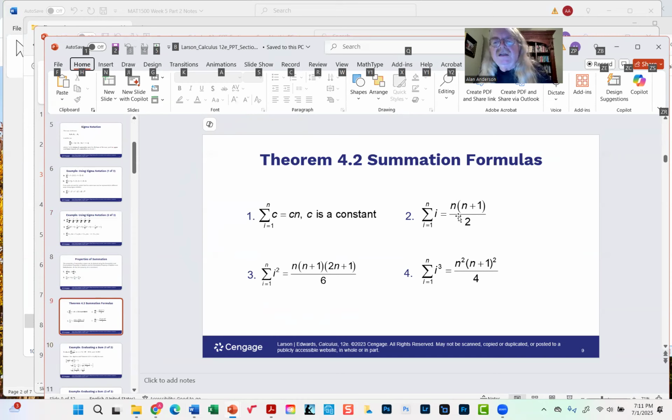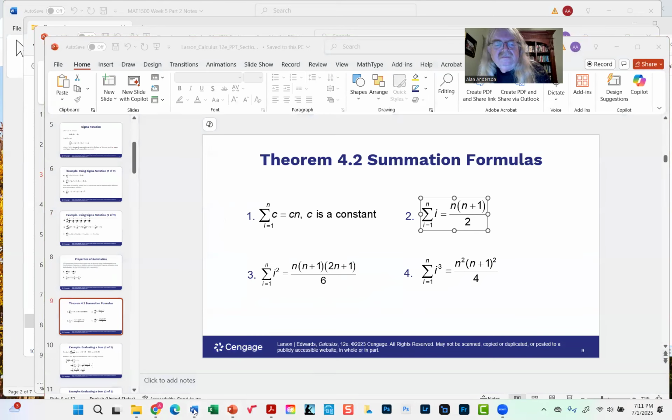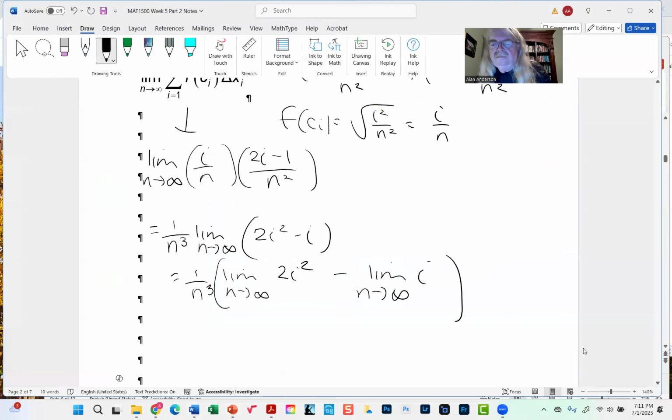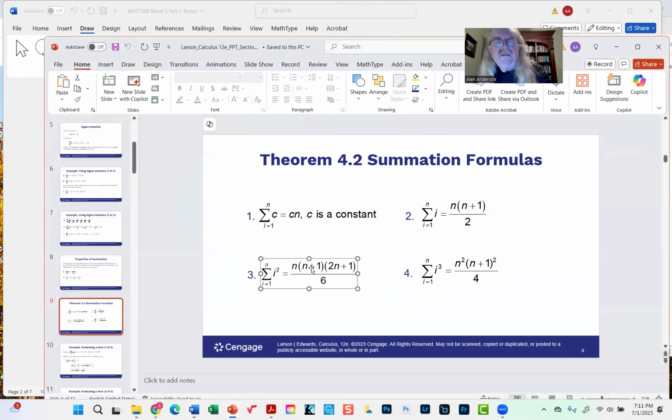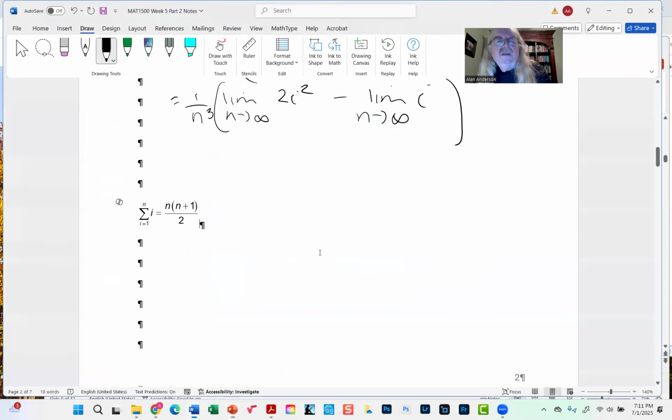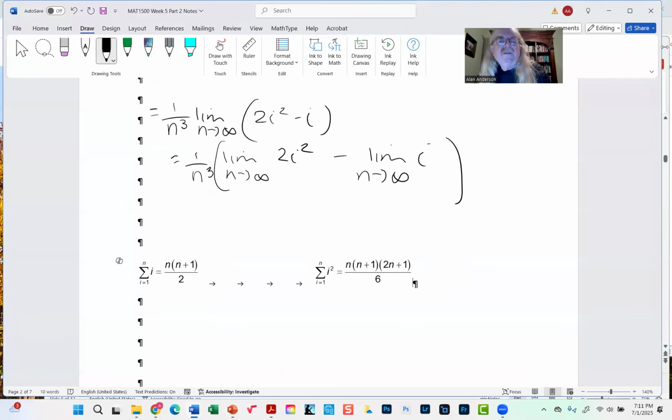So the sum of the i's of just i is here. And the sum of i squared is here. So that means what we have here now is the 1 over n cubed limit.